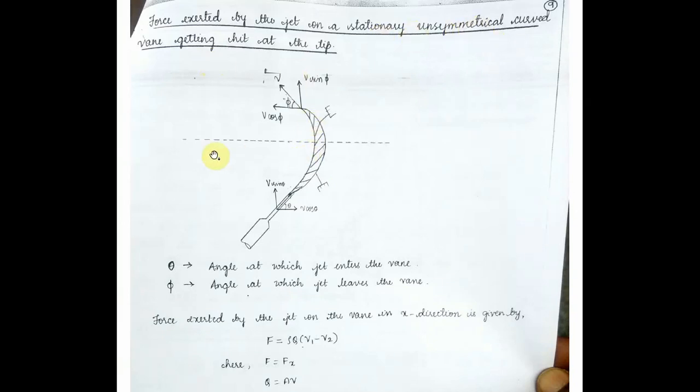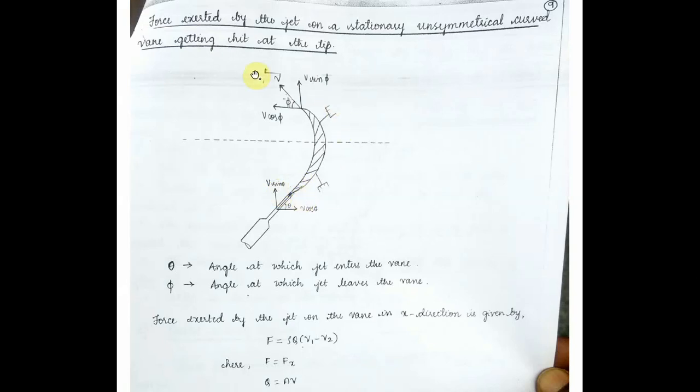So this line is not exactly half of this, it is an unsymmetrical curve. At that time what will happen? This is the jet of velocity v which is hitting here, the horizontal component is v cos theta and the vertical is v sin theta.